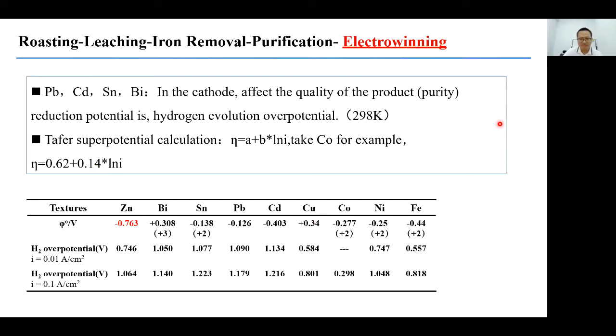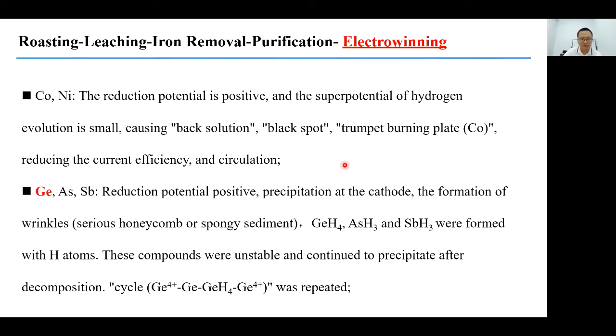There are some analyses I'm not going into here. The cobalt and nickel reduction potential is very positive, so the overpotential of hydrogen evolution is small, causing a blocked solution and also thermal burning of the plate.